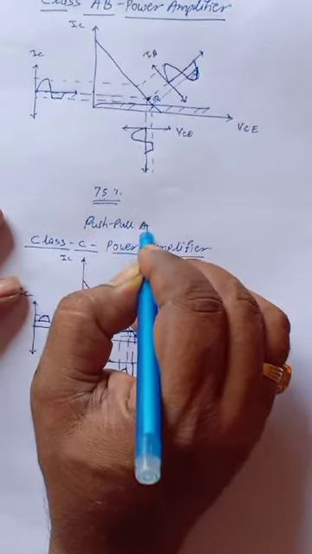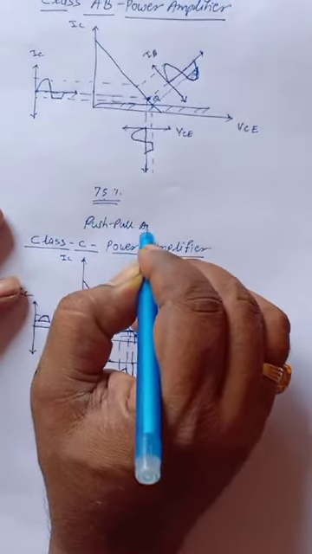So when we apply an input signal, for less than half cycle the Q point enters the active region, and only for that part we get amplification. We know that only when the Q point is in the active region do we get an amplified output waveform. For the rest of the cycle, the Q point enters the cutoff region.